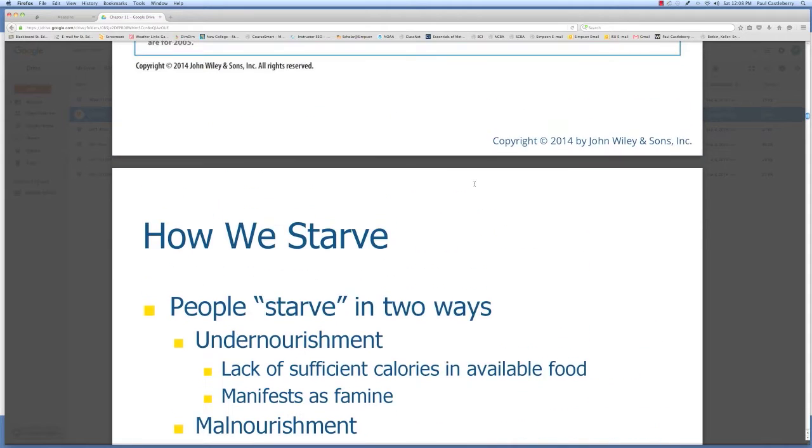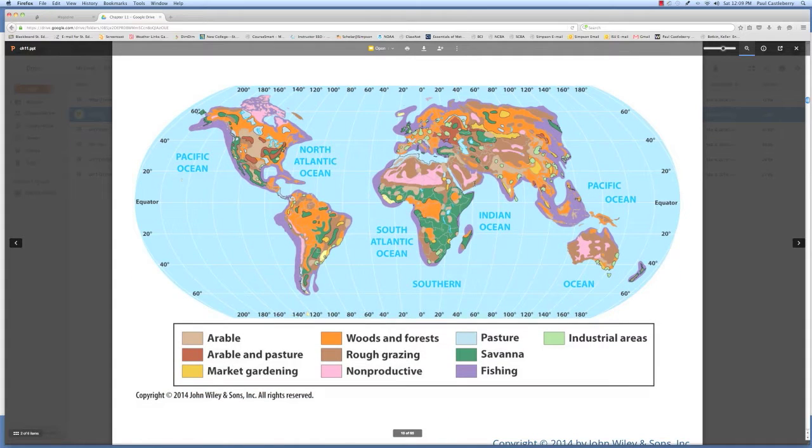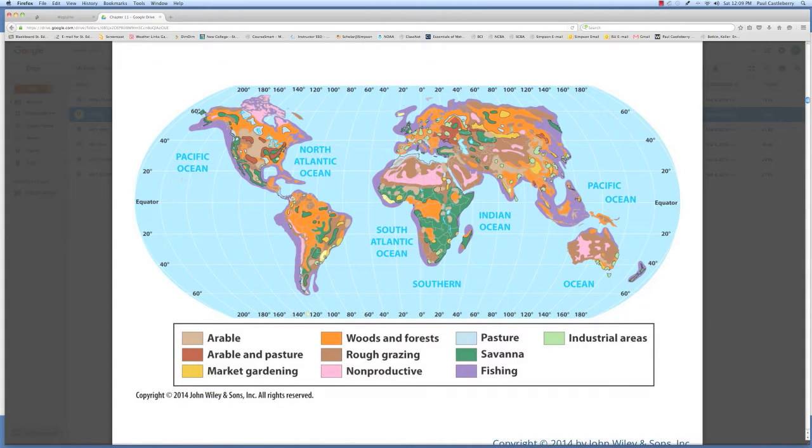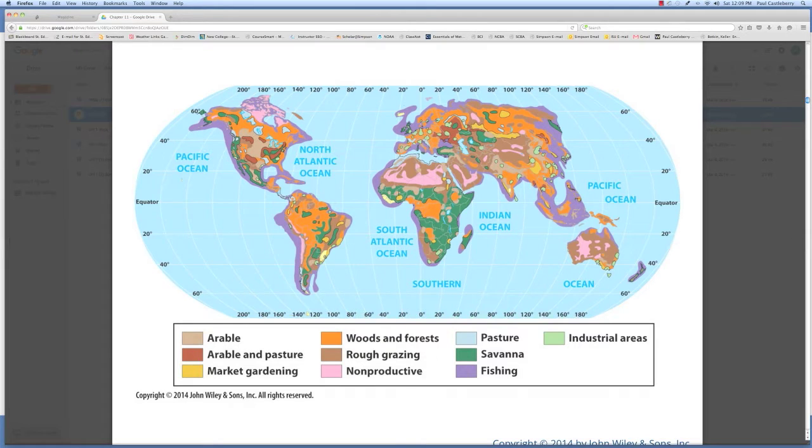I keep going back to this. But if you look back at Africa itself, in terms of arable lands, in terms of square kilometers, there's not a lot to help feed the continent. In fact, most of it is a savanna, you see here in green, and a large portion woods and forests, and a large percentage of the northern portion in the desert regions is completely non-productive.